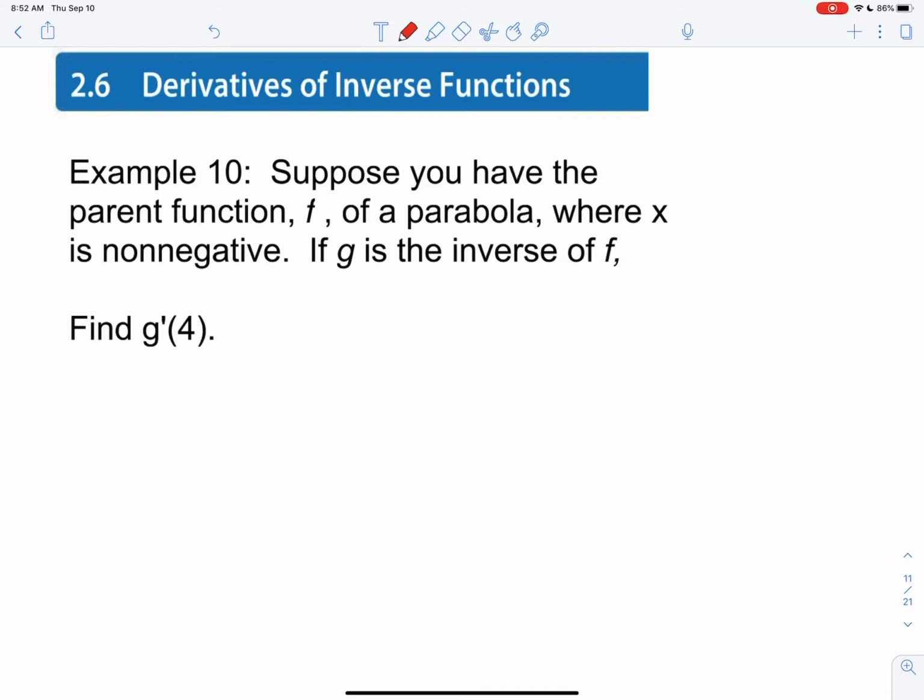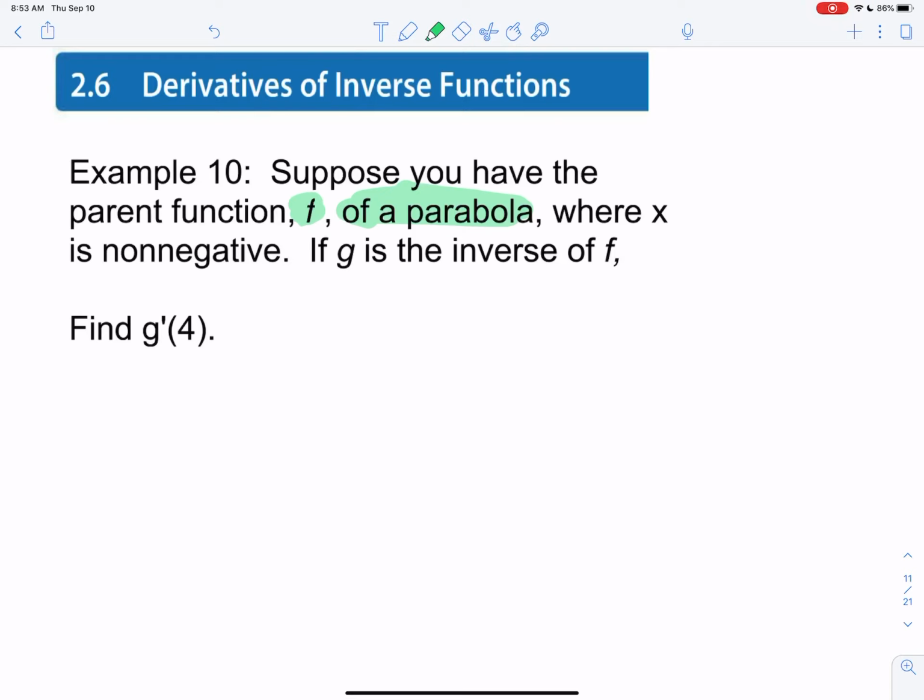Okay, so suppose you have a parent function f of a parabola where x is non-negative. If g is the inverse of f, find g prime of 4. Okay, so a few things that you need to know. So we have this function f of a parabola. Okay, so what's the equation to get a parabola?